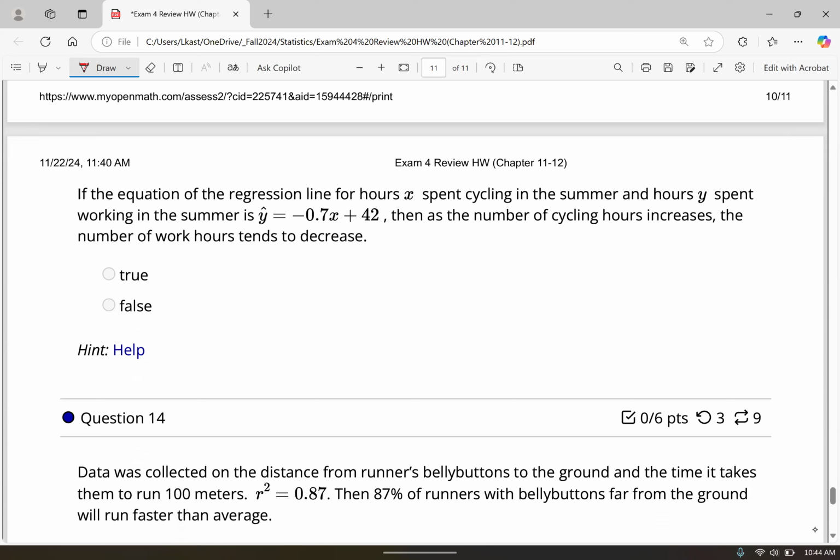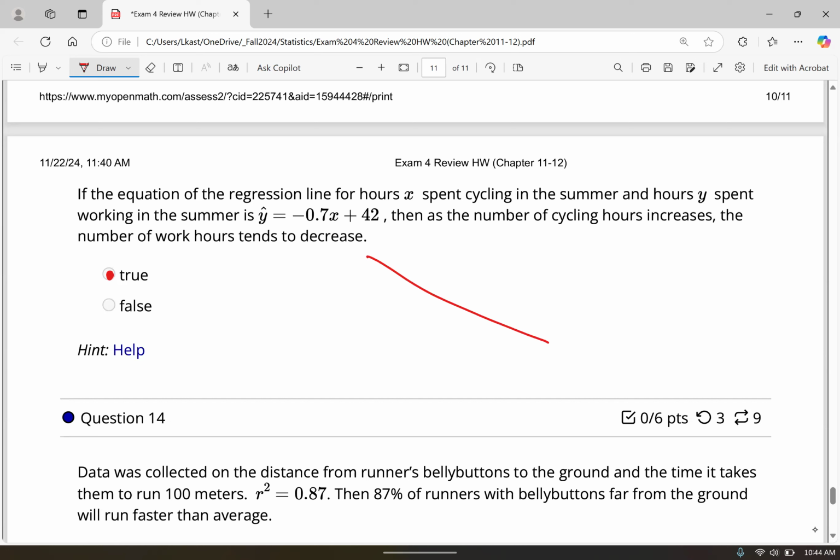If the equation of the regression line for hours X spent cycling in the summer and hours Y spent working in the summer is Y hat equals negative 0.7X plus 42, then as the number of cycling hours increases, the number of work hours tends to decrease. And that is correct. And why is that correct? Because the slope is negative.